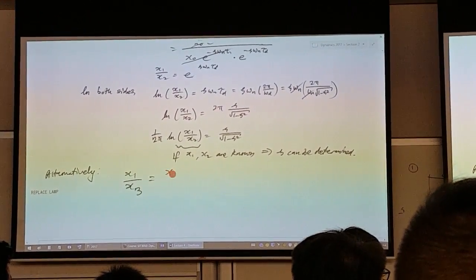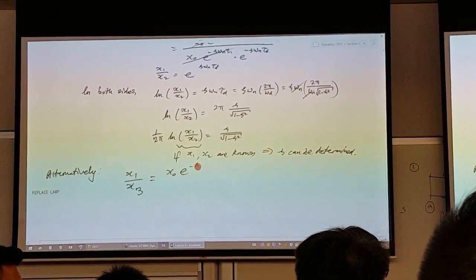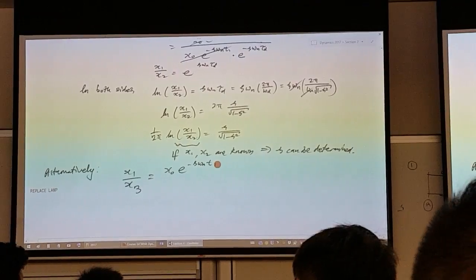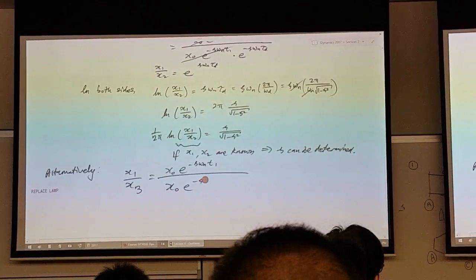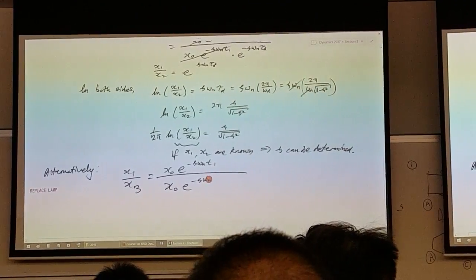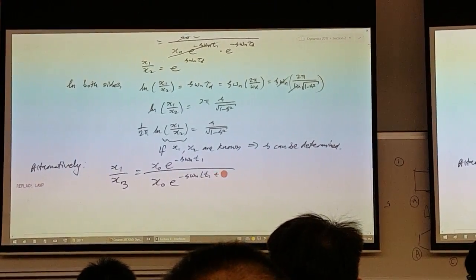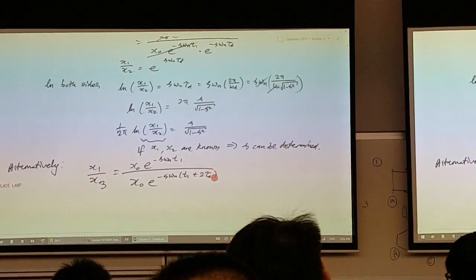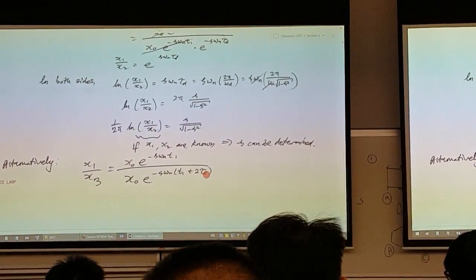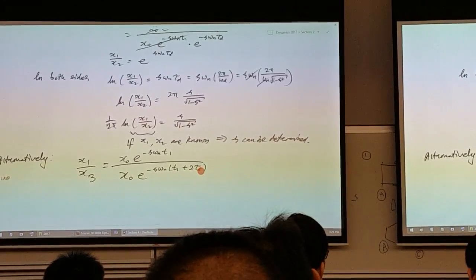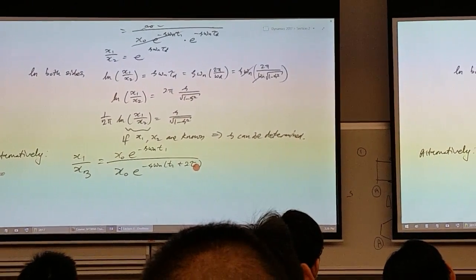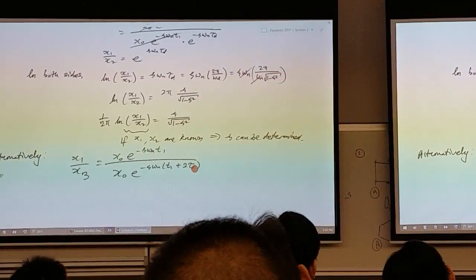So that's x0 e to the power minus zeta omega n t1 again, and then x0 e to the power minus zeta omega n, this will be t1 plus 2 times tau d, because that's where x3 is, 2 times one tau d, the time here, 2 times one.